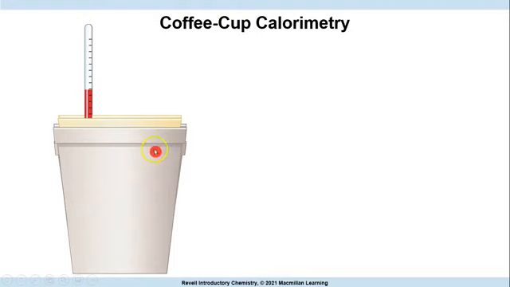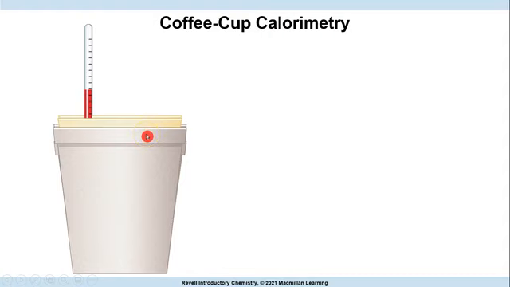The cup contains a lid, and there is an opening where we can put in our thermometer and measure the changes in temperature. Then we can introduce whatever substance we want to work with in this system.